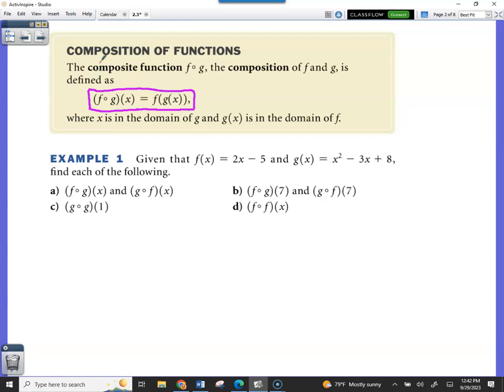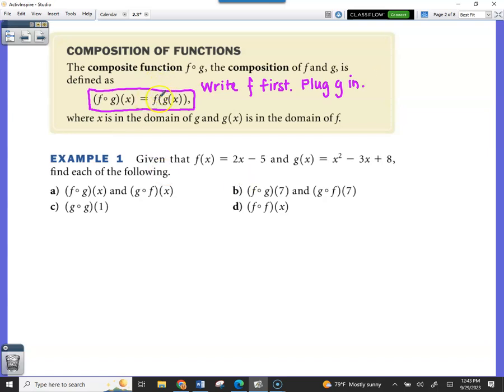You're taking an equation, you're plugging it into another equation, and you're cleaning it up. In this case, you write F first, and you plug G in. Write this down. You're going to write F first, and then you plug G in.